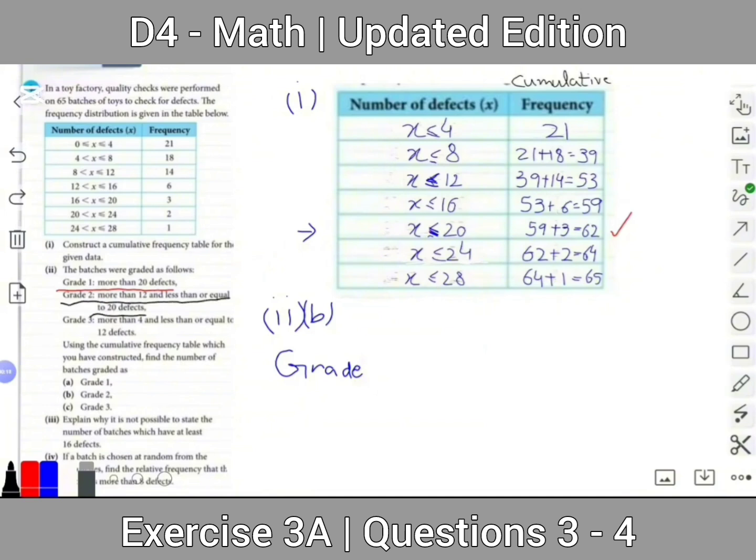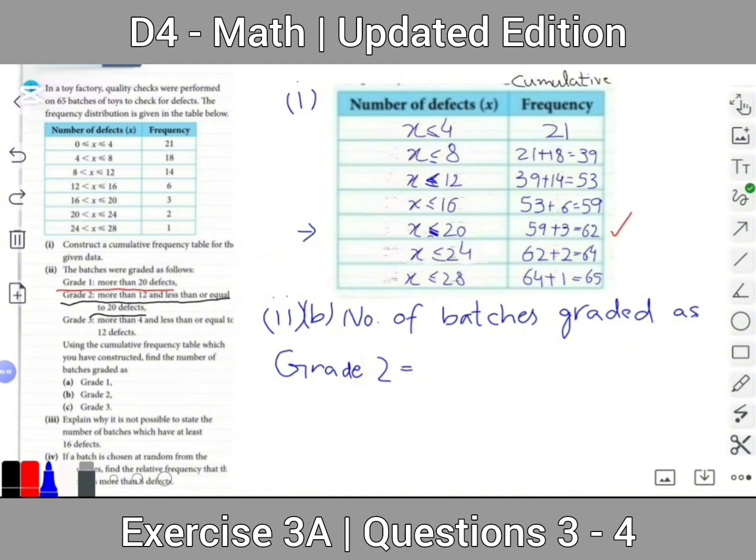So here the number of batches graded as grade 2 will be equal to the more than 12 and less than or equal to 20 defects.